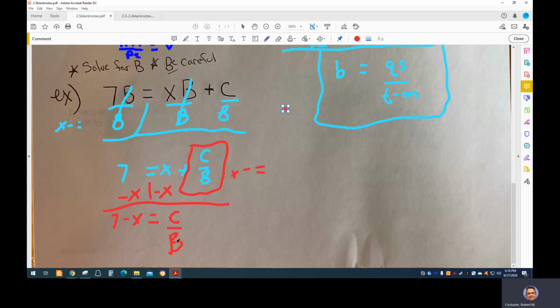The only thing we can do is make the B move. So we have to, again, while it doesn't seem like it's a necessary step, make that B move to the other side. It's stuck in the denominator. So the only thing you can do to get rid of the denominator is multiply. Because this is division, that's the opposite of it. We multiply. We did this in one of our other ones up above.